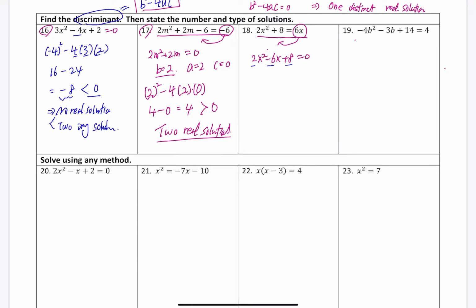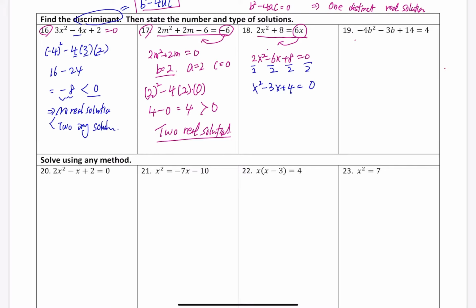All of them have 2, right? So to use lower numbers, you better get rid of the 2. So divide this side by 2. So the left side will be x squared minus 3x plus 4 equals 0.